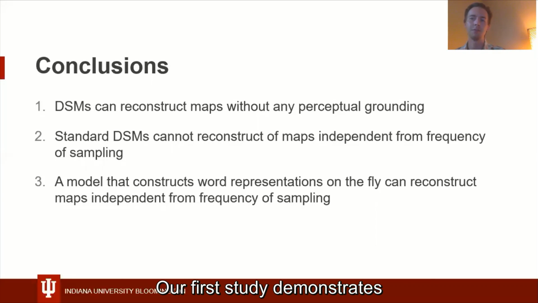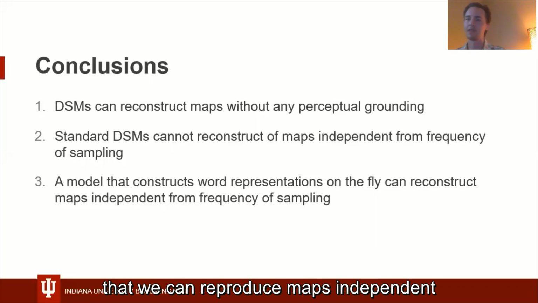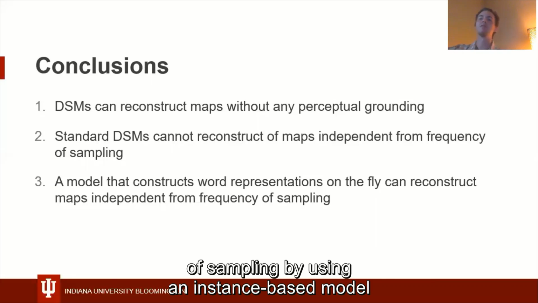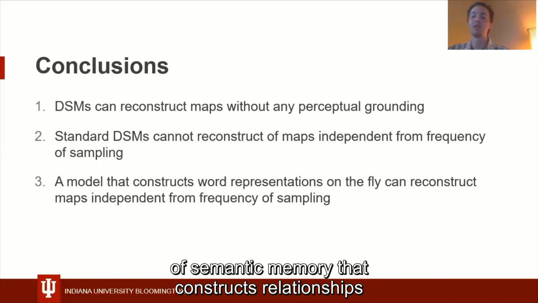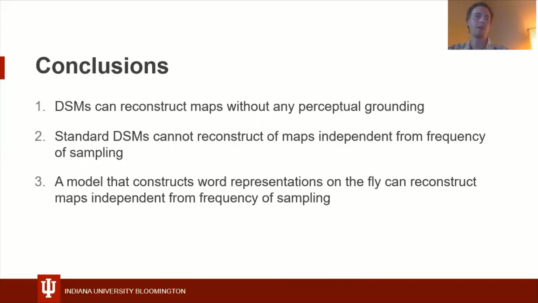Our first study demonstrates that standard DSMs can't reproduce maps independent of sampling frequency. Our second study demonstrates that we can reproduce maps independent of sampling by using an instance-based model of semantic memory that constructs relationships between words on the fly.